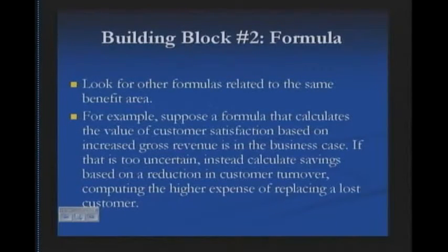And if that's not justifiable again, look at how similar systems have impacted other companies. Certainly the vendors that want to sell you these systems will have those kinds of company contacts. Find a company that's as similar to yours as you can with the same sort of impacts that you're expecting and find out what was their measured benefit after implementation.